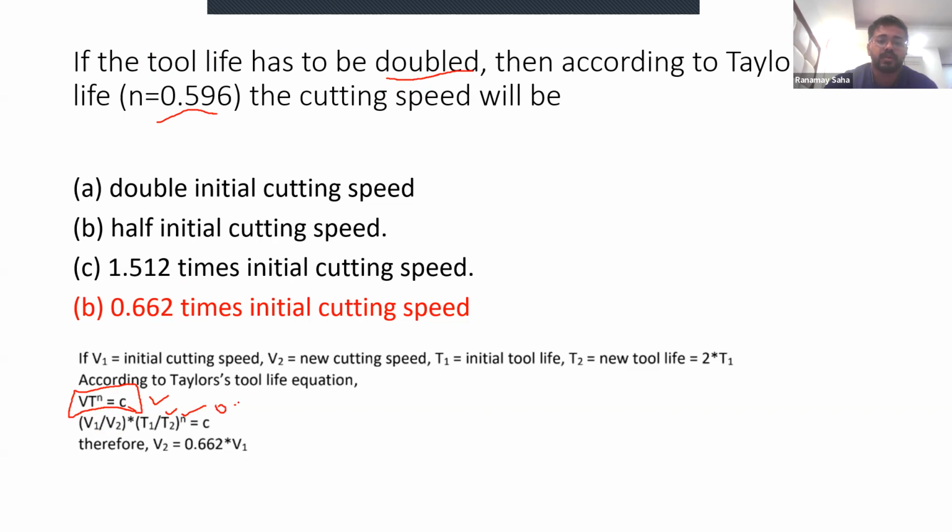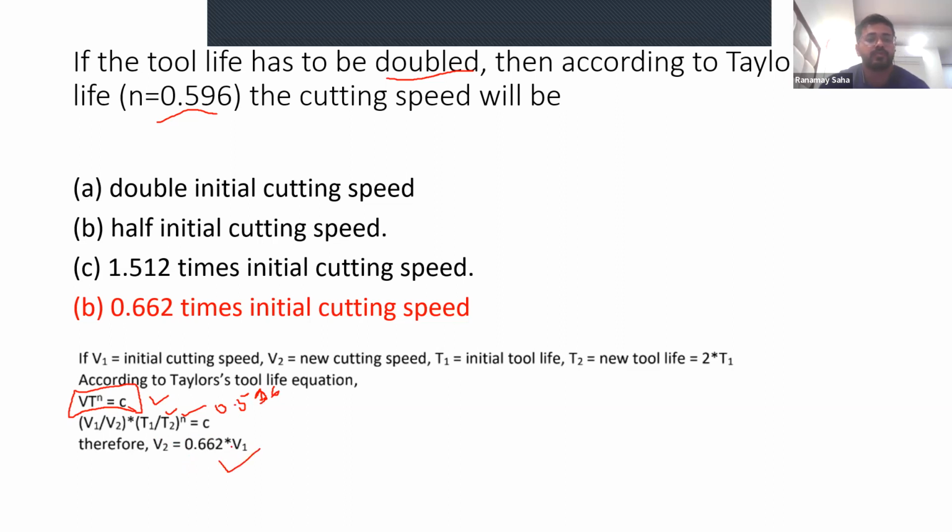Using these relations, you can find out that the velocity for the required condition becomes 0.662 times V1, the initial velocity. So option B becomes the correct one here.